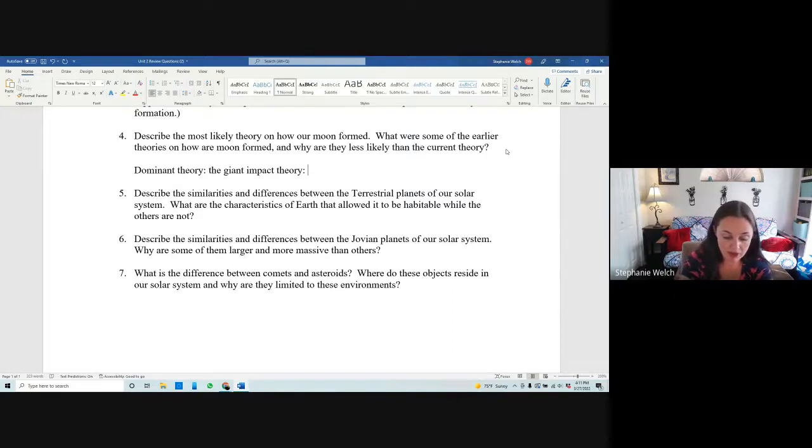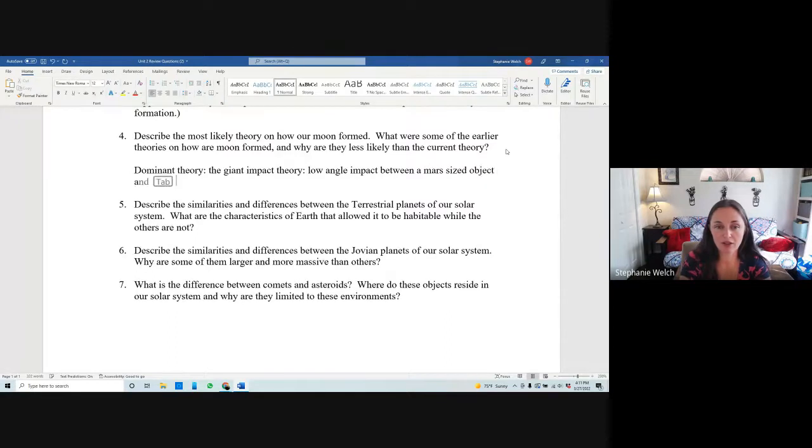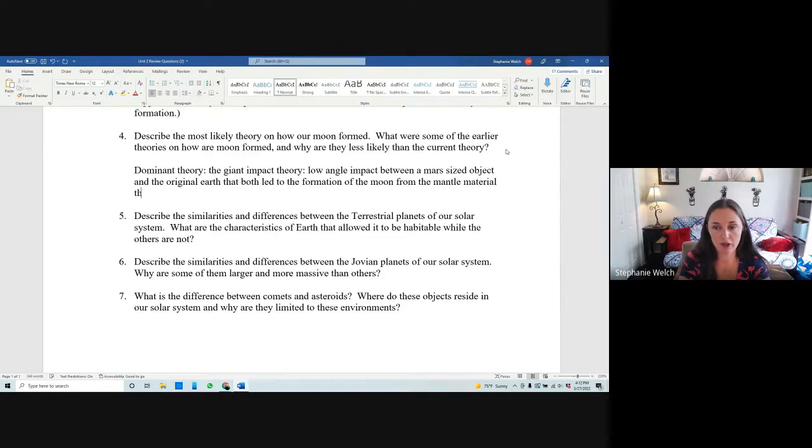So in the giant impact theory, you have a low angle impact between a Mars-sized object and the original Earth that both led to the formation of the moon from the mantle material that was ejected into orbit, and it led to an increase in the size and mass of our planet.